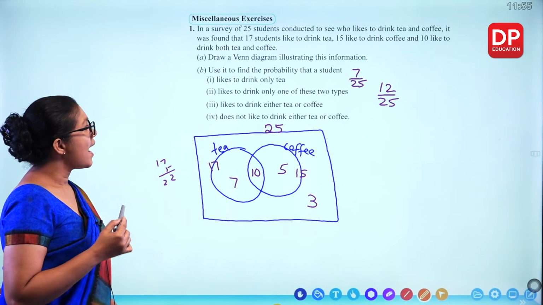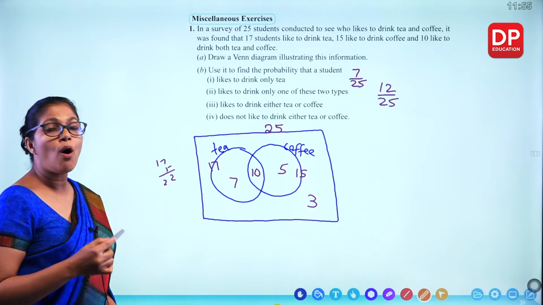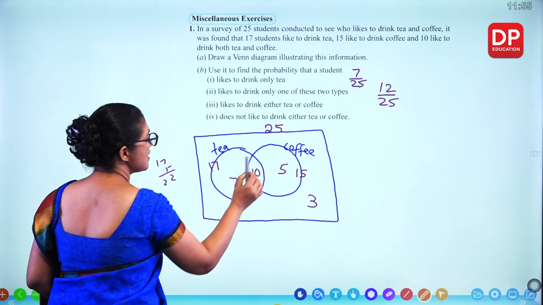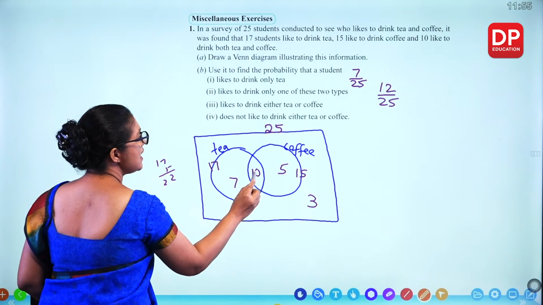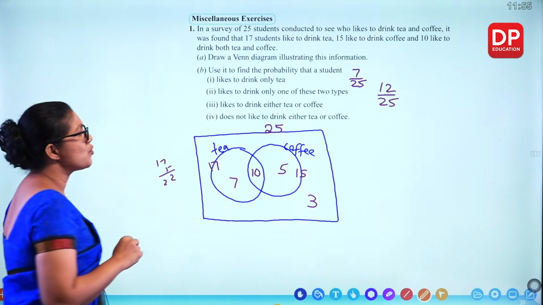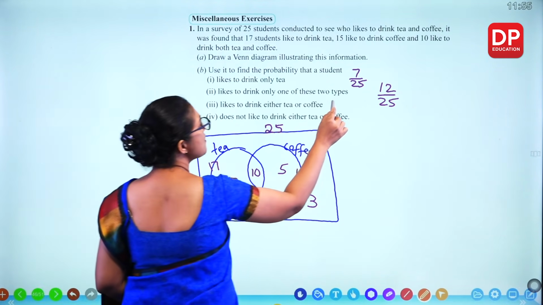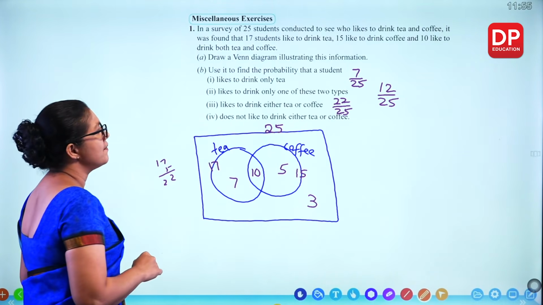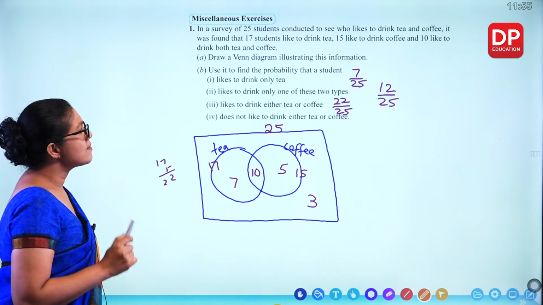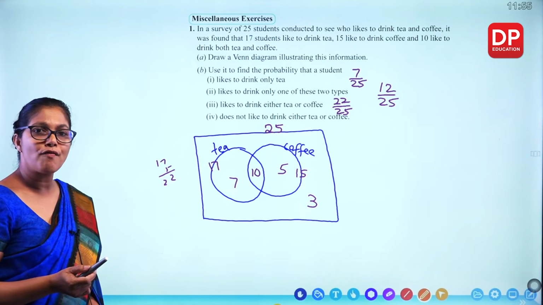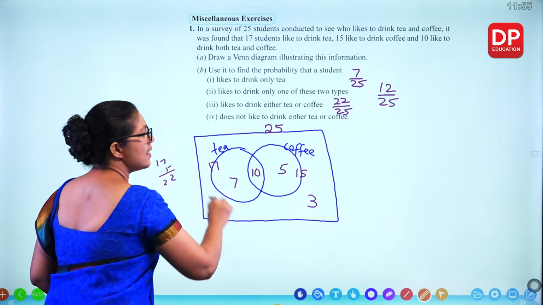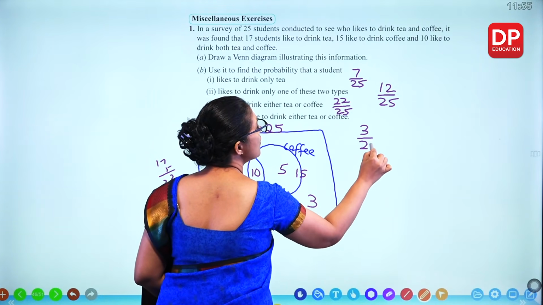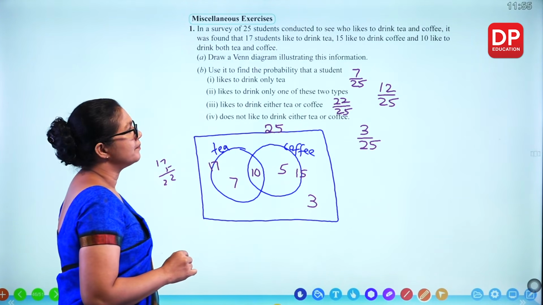Third part, likes to drink either tea or coffee means inside the 2 circles. 7 plus 10, 17. 17 plus 5, 22. So the probability is 22 over 25. Last part, does not like to drink either tea or coffee means outside. Outside how many? 3. 3 out of 25.